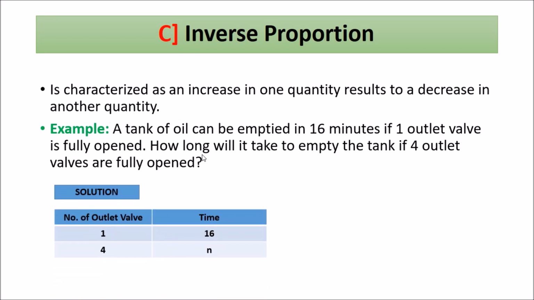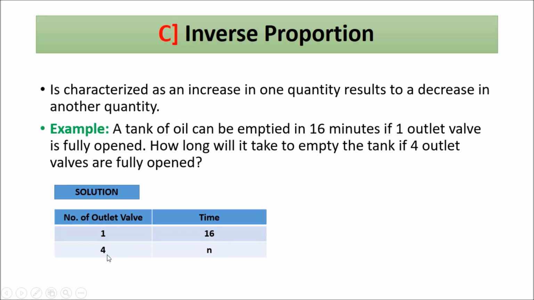In this problem, we need to make a table for us to summarize it easily. So you have there the number of outlet valves in our first column, and the second column would be in terms of time. And we know that with one outlet valve fully open, it takes 16 minutes to empty the tank.